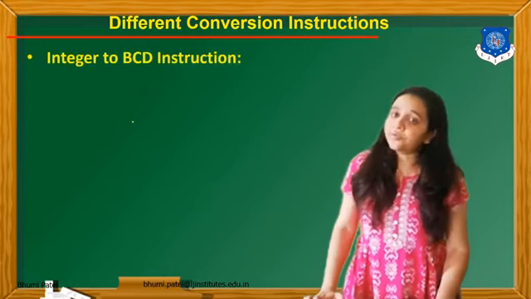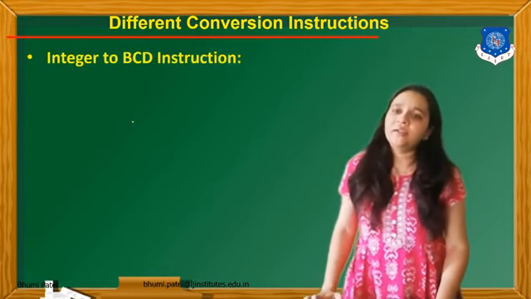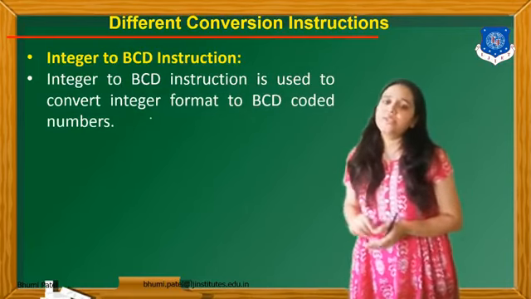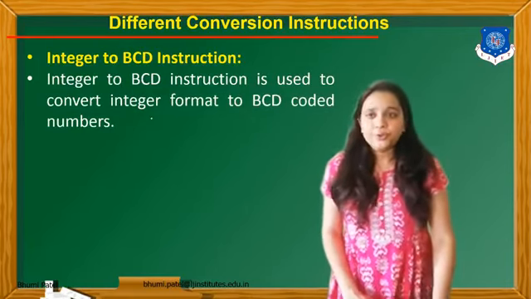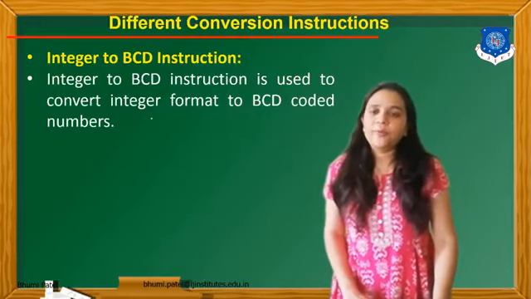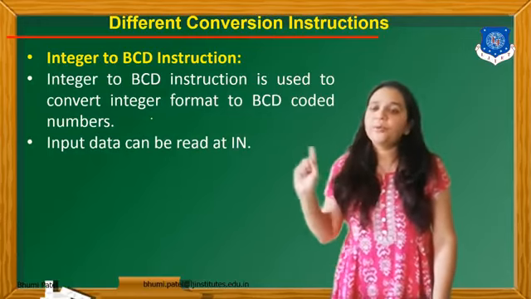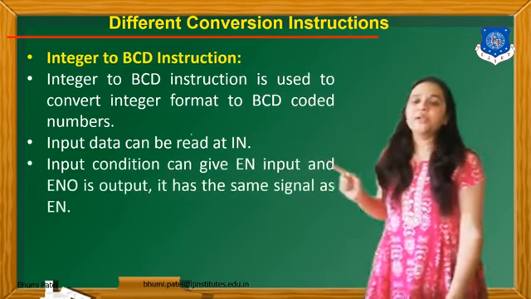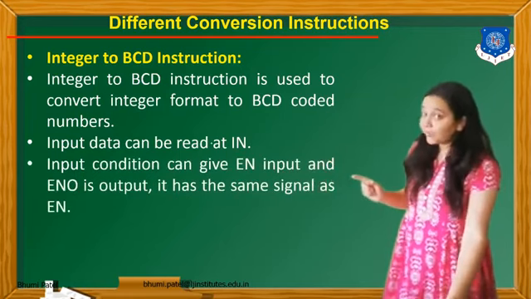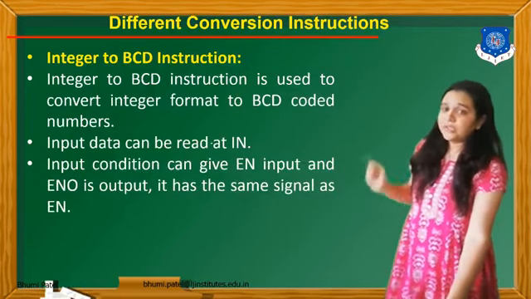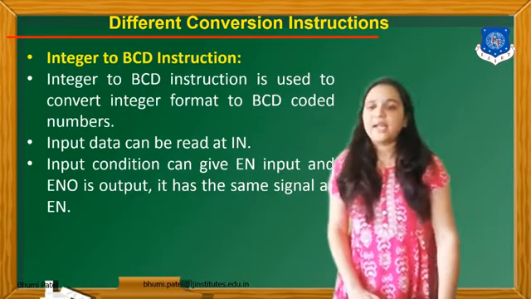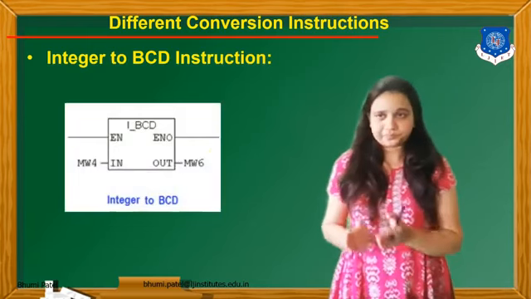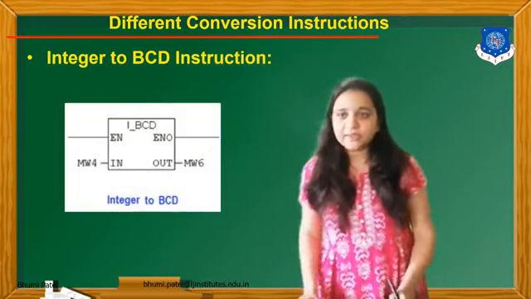Now, if we have to convert an integer to BCD, we use the integer to BCD instruction. It is used to convert the integer format to a BCD coded number. Input data can be read at the input pin. The input condition gives the enable input, and ENO is the output, and it has the same sign as EN. This is the block format of the integer to BCD instruction.